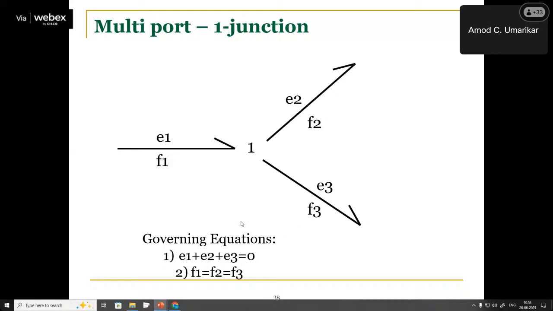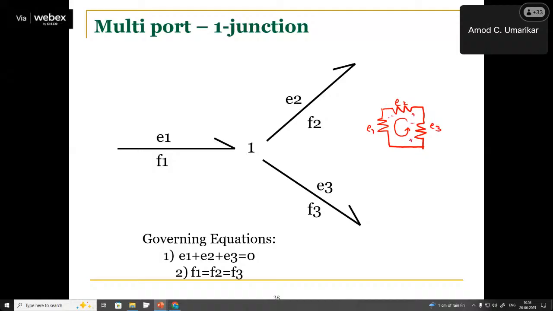Correct? In a series connection, flow or current is the same and total voltage is the summation of 3 voltages if there are 3 elements connected. So E1 plus E2 plus E3 is 0, and if they are connected in a loop, say in the electrical domain, the flow is the same, with plus minus signs for E1, E2, E3.